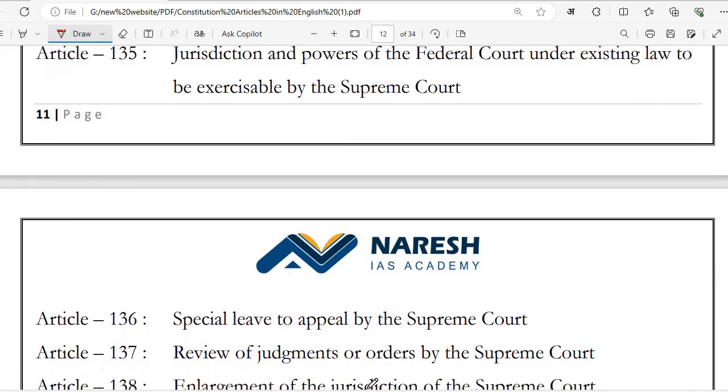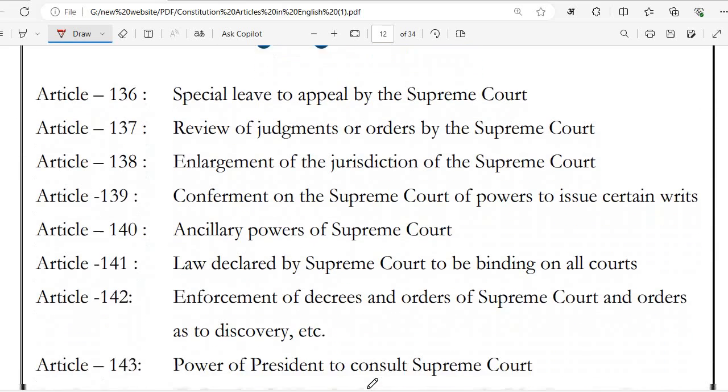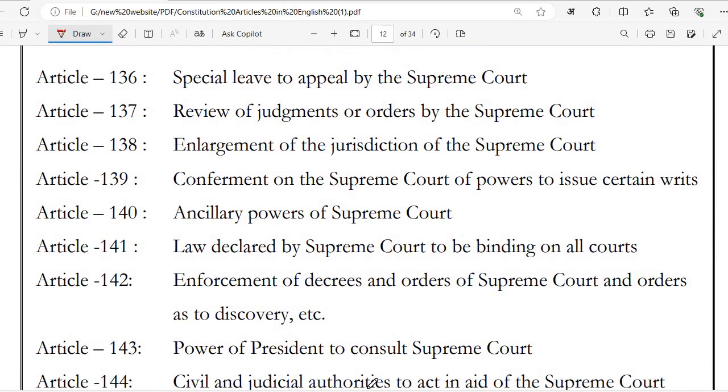Okay, jurisdiction 135. 136, SLP, special leave to appeal by the Supreme Court. Article 137, very important, review of judgment. The Supreme Court has the power to review its earlier decisions, and the Supreme Court can change its earlier decision.